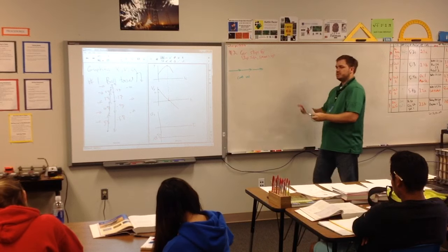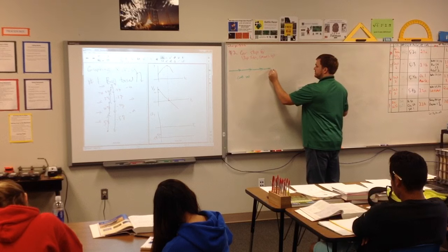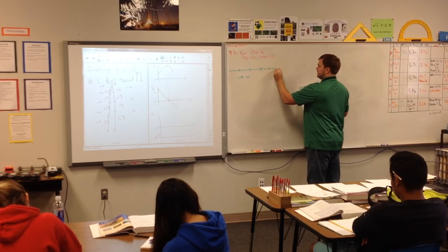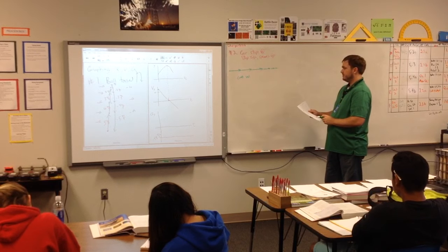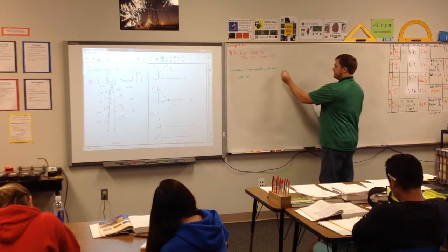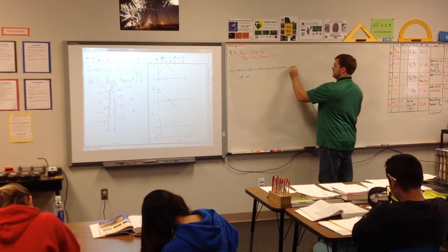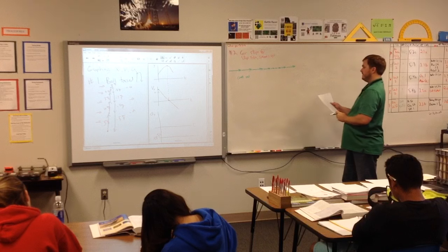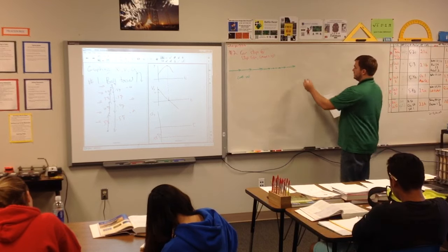Then it's going to start to slow down for the stop sign, so I'll make these a little bit shorter. It comes to a complete stop, then speeds back up again. And then finally, once it reaches the cruising speed, it stays at that cruising speed.